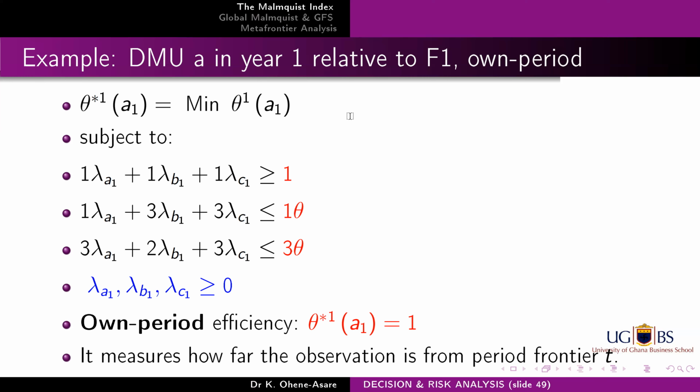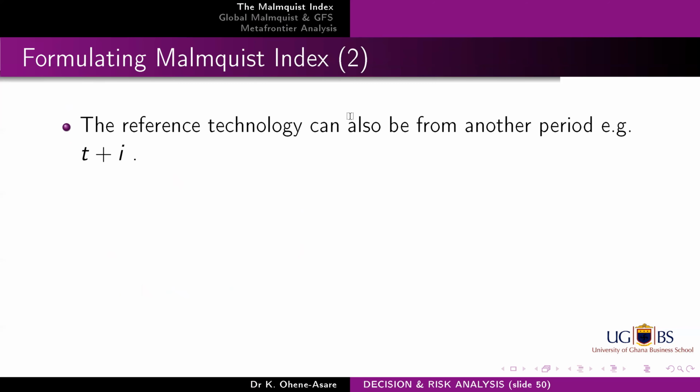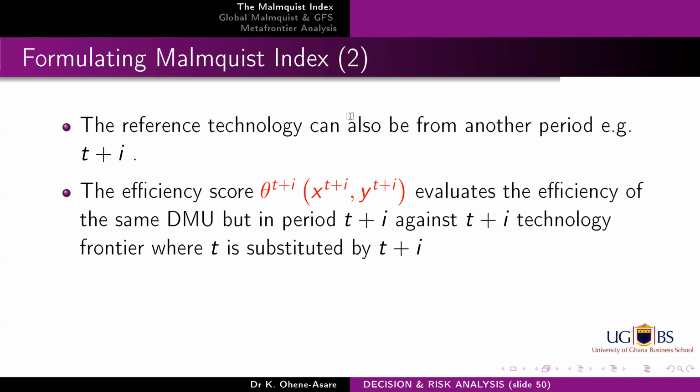So this was the one that gave us the own period efficiency. It tells you how far the observation is from its own period frontier. All right. So the reference technology here can be switched. You can see that in both cases, we're using the own period. Now we can also do it for year 2, where this time everything is being measured own period as well.